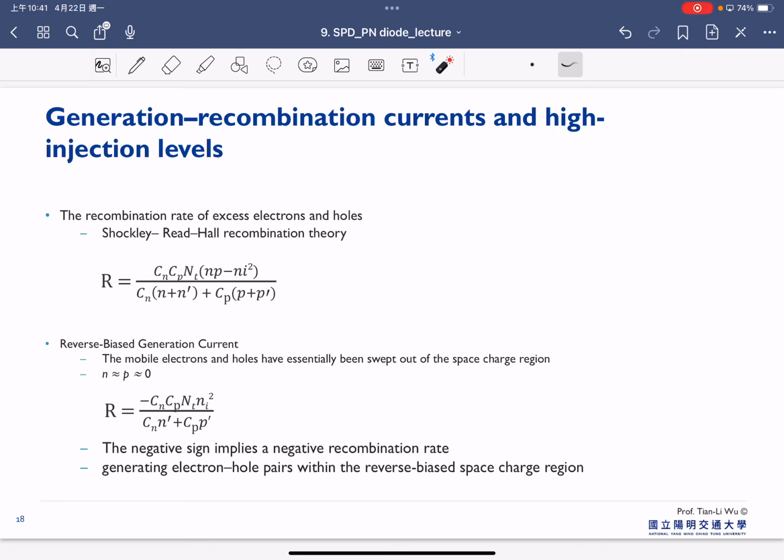And under reverse bias, it's possible to generate current here. This is because of generating electron hole pairs within the reverse bias space charge region. So that means in reality, under reverse bias, there's not only the saturation Js term we have to consider, we also have to consider a reverse bias induced generation current.